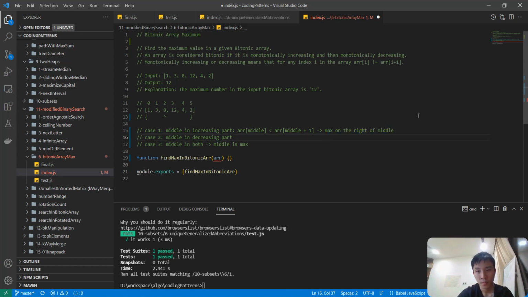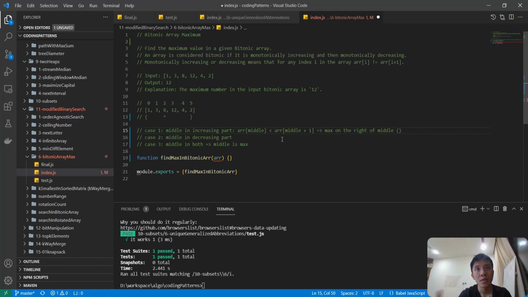The maximum is on the right of middle, exclusively, meaning not including the middle, because here middle is less than its right neighbor.